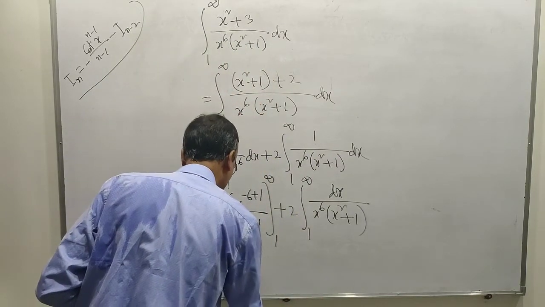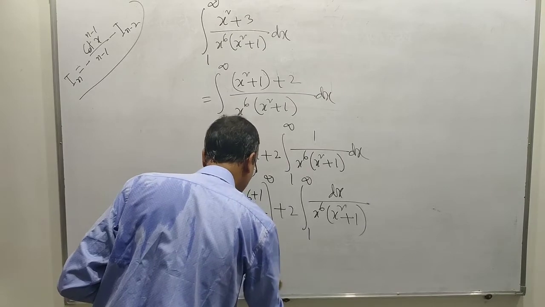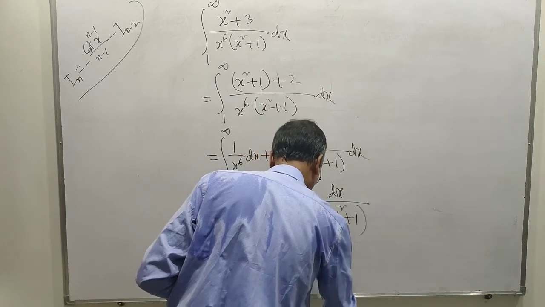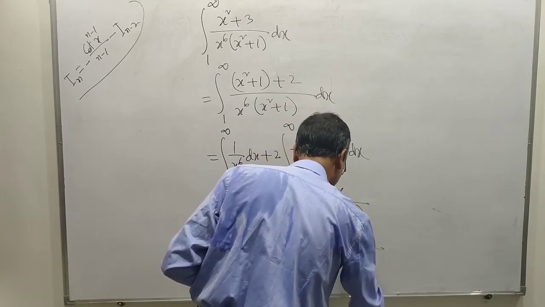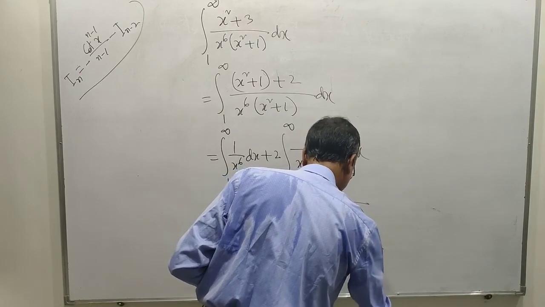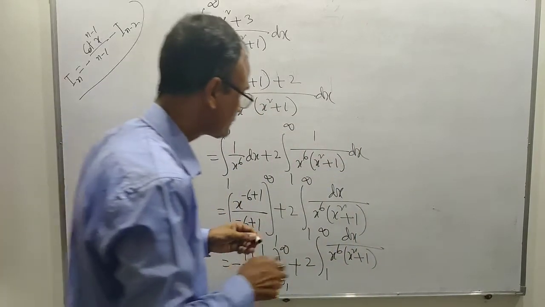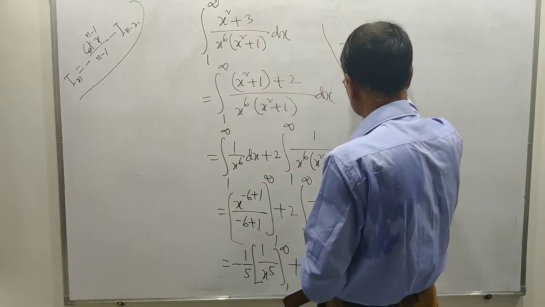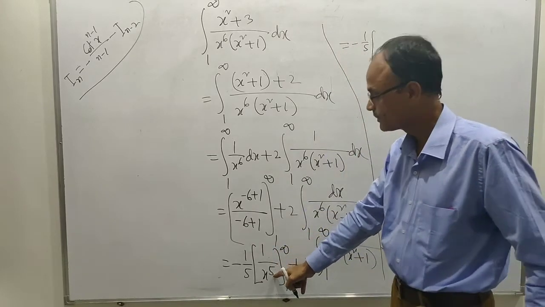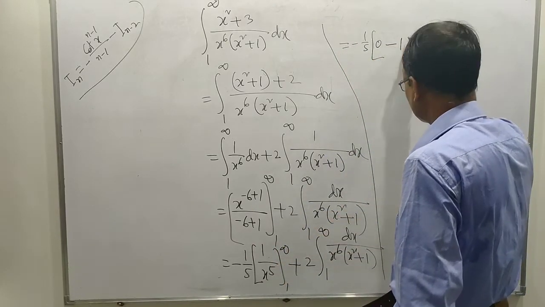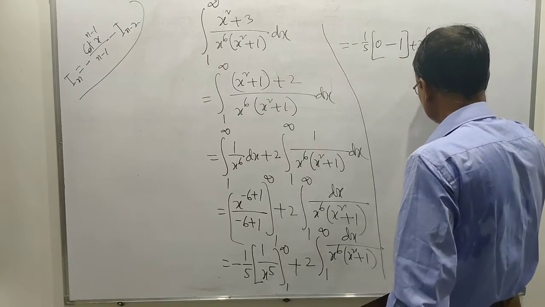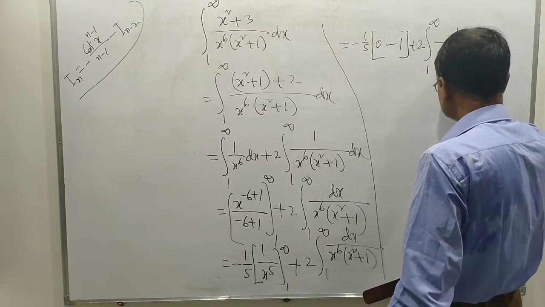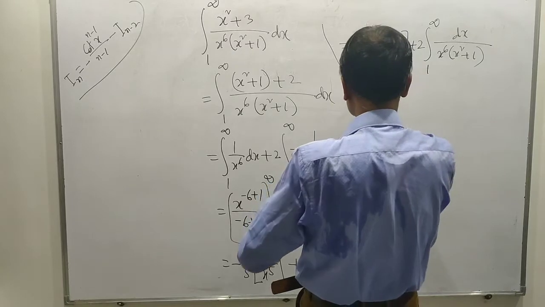This is equal to minus 1 by 5 times 1 by x to the power 5, from 1 to infinity, plus 2 times the integral. Putting x equal to infinity, 1 by infinity means 0, so we get minus 1 plus 2 times the integral 1 to infinity dx divided by x to the power 6 into x square plus 1.